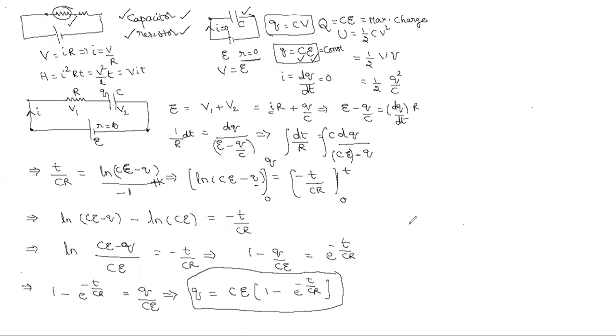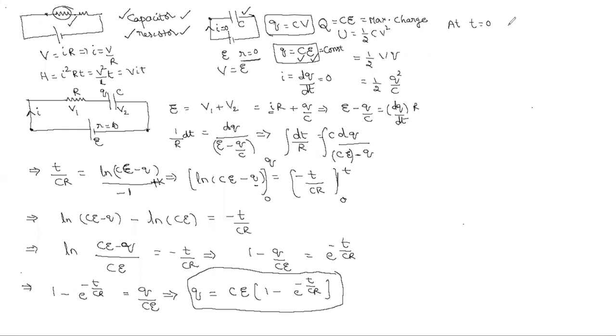Means what I am saying, if you take here, initially, if I put t equals 0, that is before connecting this cell, how much do you get? e power 0 is 1, and 1 minus 1 is 0, and 0 into anything is 0.